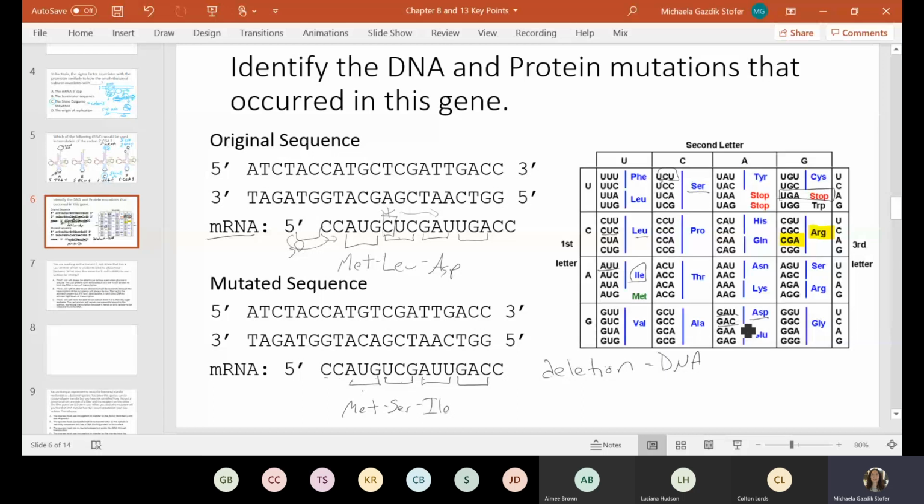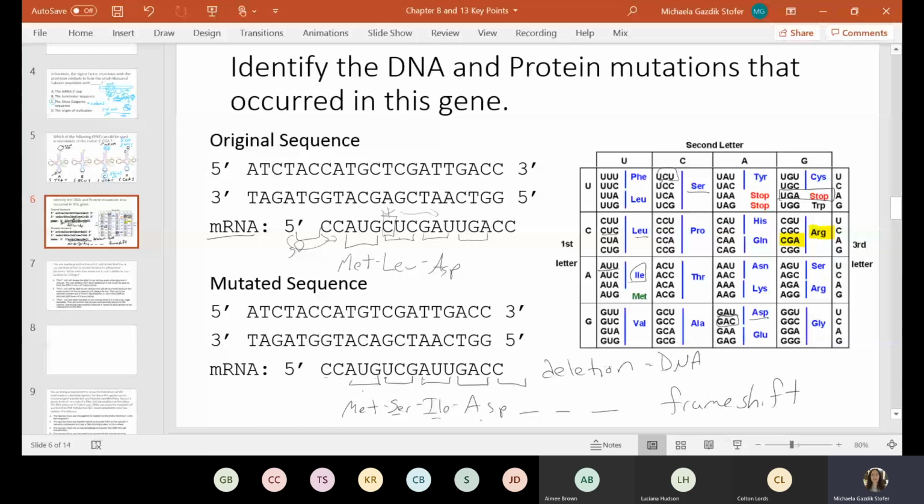And notice we haven't hit a stop codon. So if this sequence kept going, our codons would keep going and we would have other amino acids here. So when you look at this, we went from methionine to a serine, an isoleucine, and all of those downstream had changed. A frame shift deletion, because we've moved our entire reading frame.